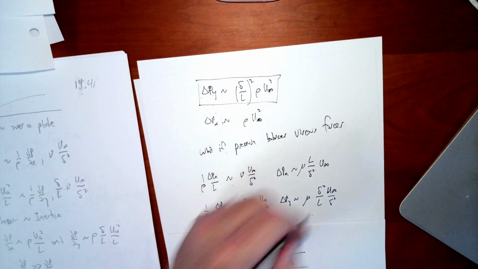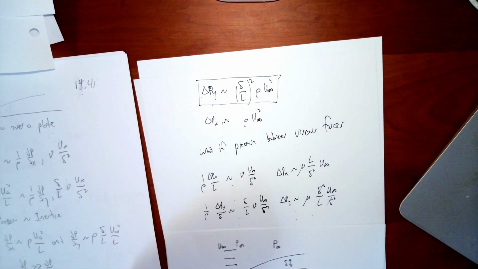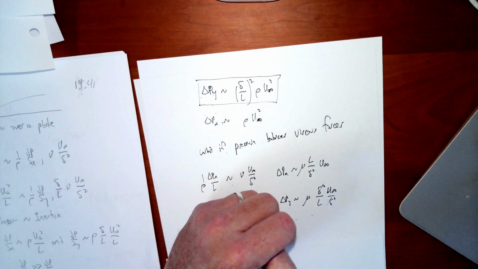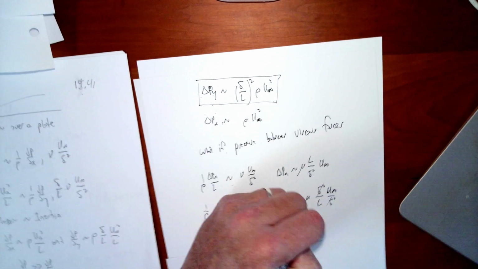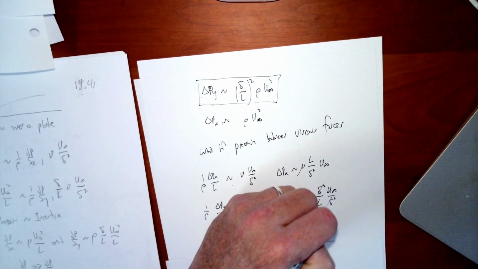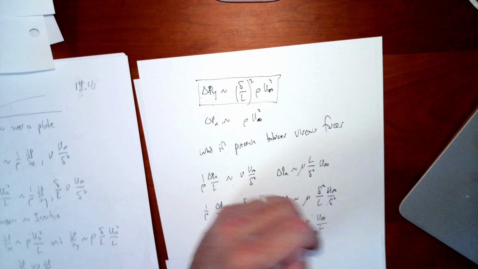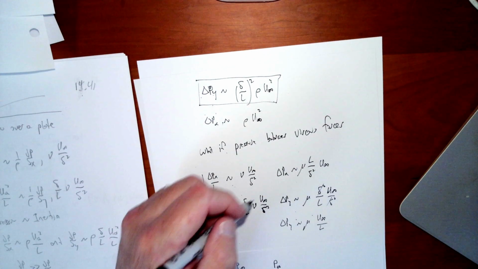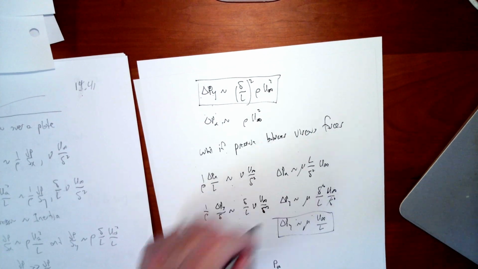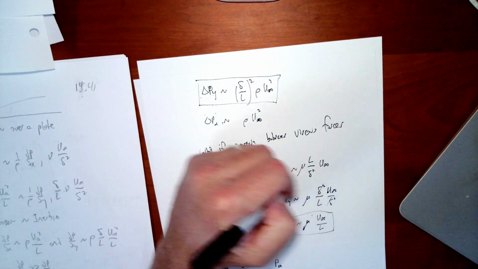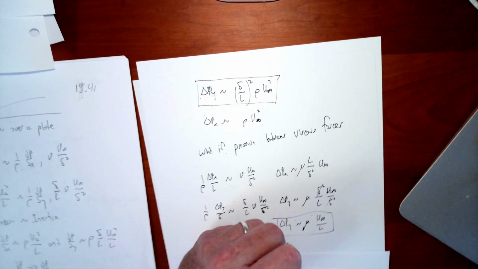So the two delta squareds are going to cancel. And so we have delta py is looking like mu u infinity over L.